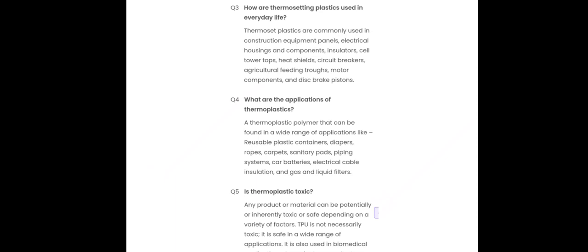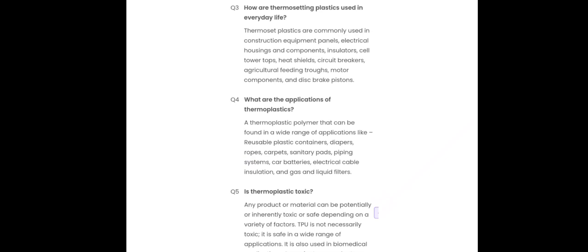Depending on the various factors, the toxicity is determined. Thermoplastic is not necessarily toxic. It is safe in a wide range of applications. It is also used in biomedical applications. Okay, this is about thermoplastics and thermosetting plastics.